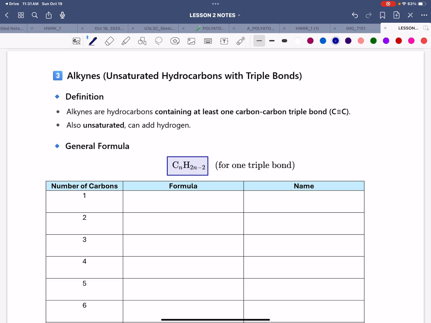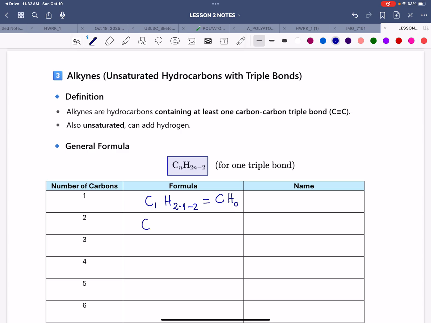We're going to start with the first one together. If we have only one carbon, then the number of hydrogens will have to be 2 times 1 minus 2, so that would be CH0 basically.